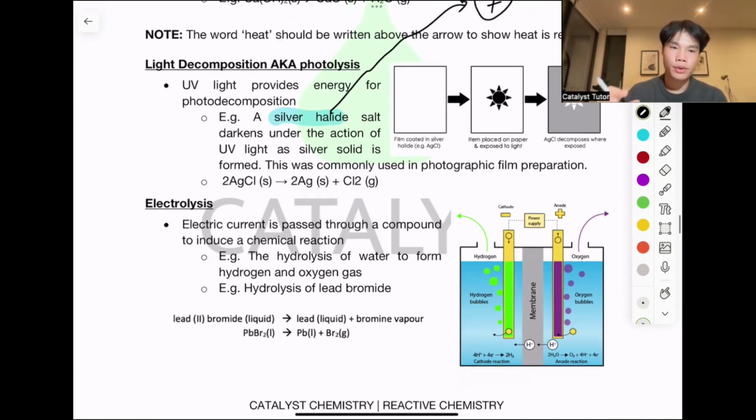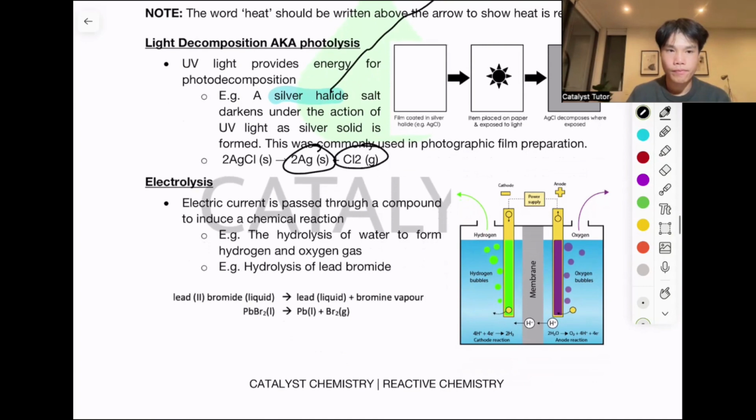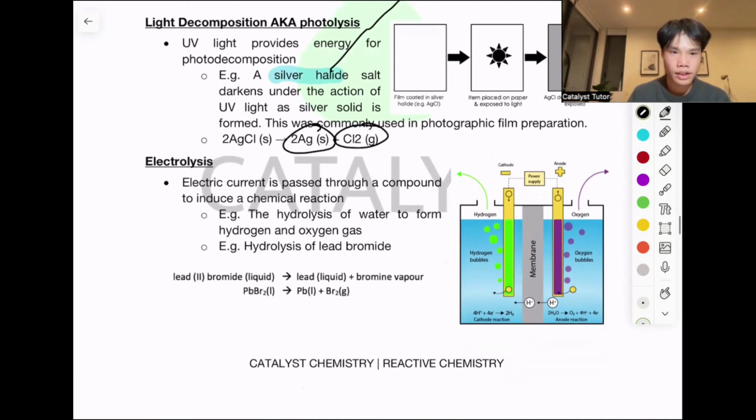Okay, so when you expose a silver halide to UV light, a silver solid is formed. You'll see a decomposition where the halogen is essentially separated from that silver, even though they were once together. And then finally, electrolysis. If you put electric current through certain substances, they will break apart as well.